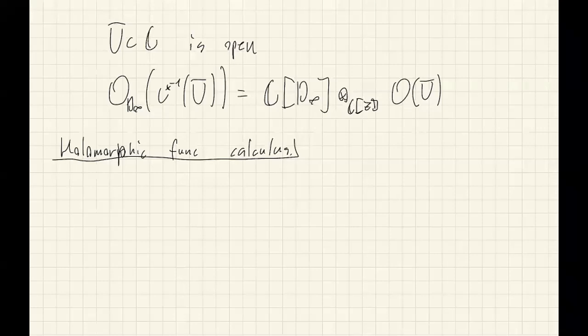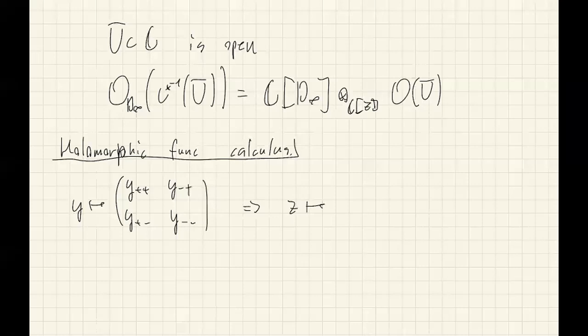So first of all, if the element y again acts by this matrix, and then z, it is easy to prove that z acts like this, y plus plus, and here is minus y minus minus.